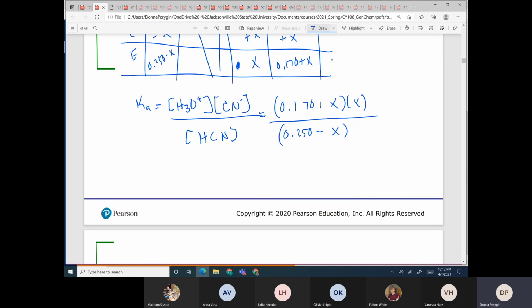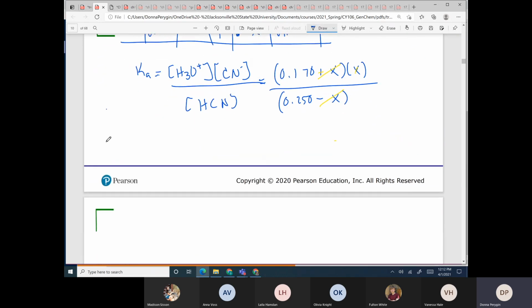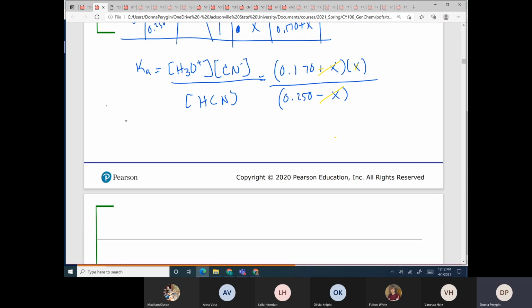So if we make the x's small approximation, then we can leave out the plus x and minus x, and we were told that we could do that basically here. All right, so we've got the Ka is 4.9 times 10 to the minus 10 equals 0.170 x over 0.250.